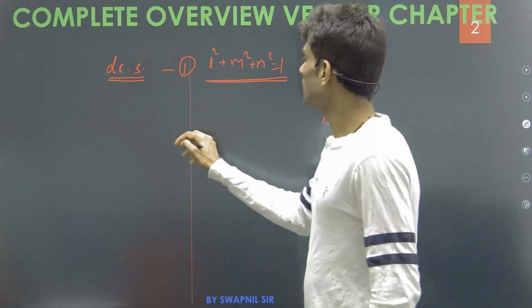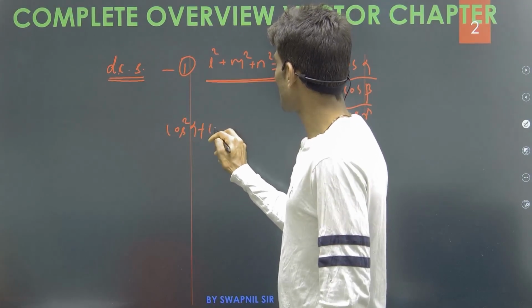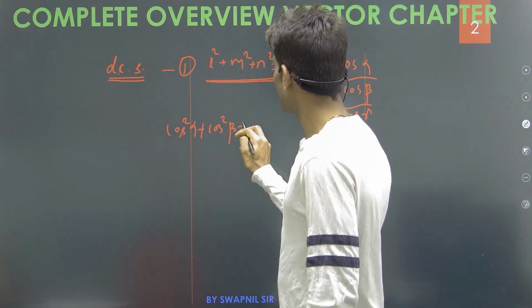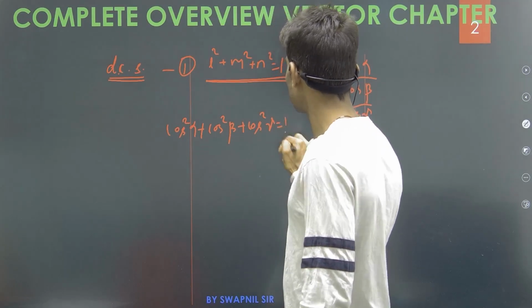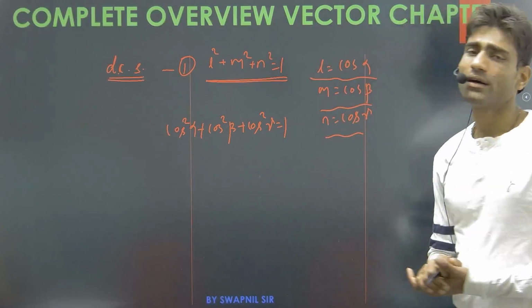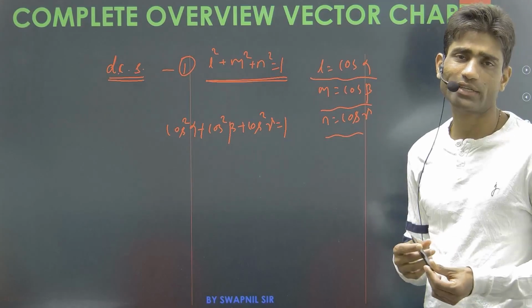That means cos square alpha plus cos square beta plus cos square gamma is equal to 1. So this is an important result for finding direction cosines and ratios.